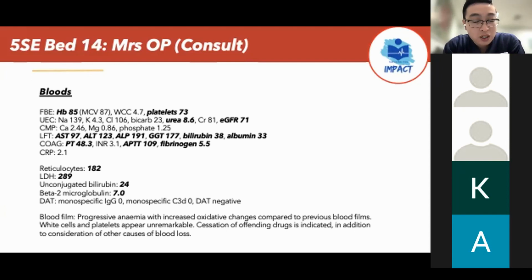So if we had ordered a G6PD level in this patient, we would have found out that this patient was in fact G6PD deficient, and so was at high risk of dapsone-induced hemolytic anemia, and we would not have given dapsone. But we forgot to do that, and the patient presented with dapsone-induced hemolytic anemia.